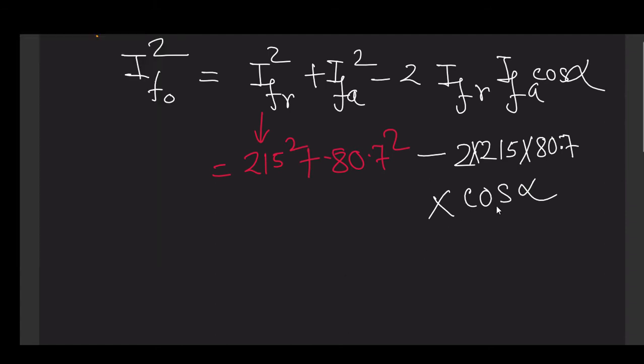That much is your cos alpha, something like 90 degree plus 3.82 plus cos inverse 0.8.